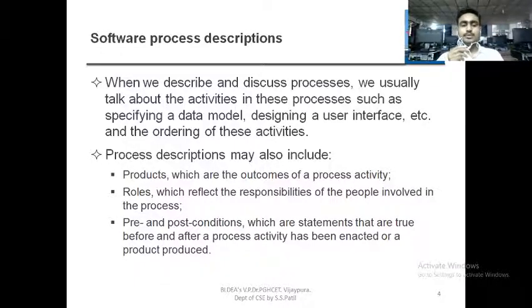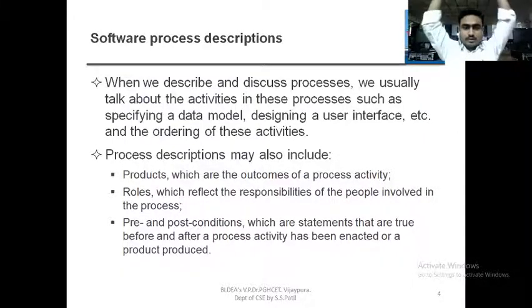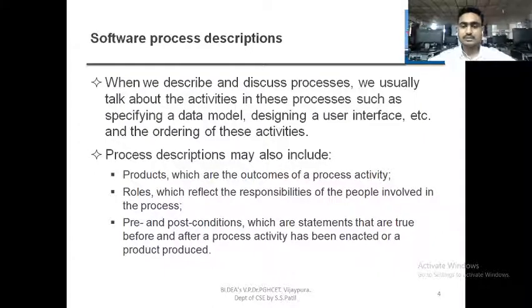Next, pre and post conditions, which are statements that are true before and after the process activities, or a product is produced. What will be the precondition, what will be the post conditions. All these things come under the process description.